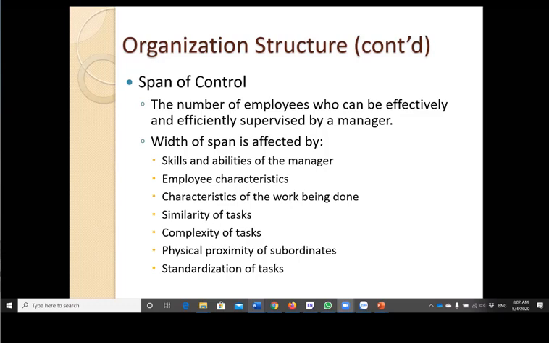Another factor to consider is the physical proximity of the subordinates, right? If all of you work inside the National University of Civil Engineering in the same class, it's much easier for me to control you, right? But because you are now in your own home, it's more difficult to control you if some of you do not obey the order or the rules.